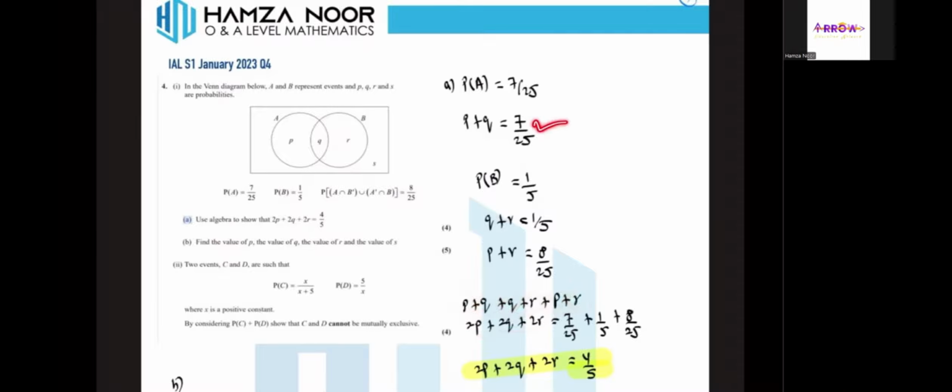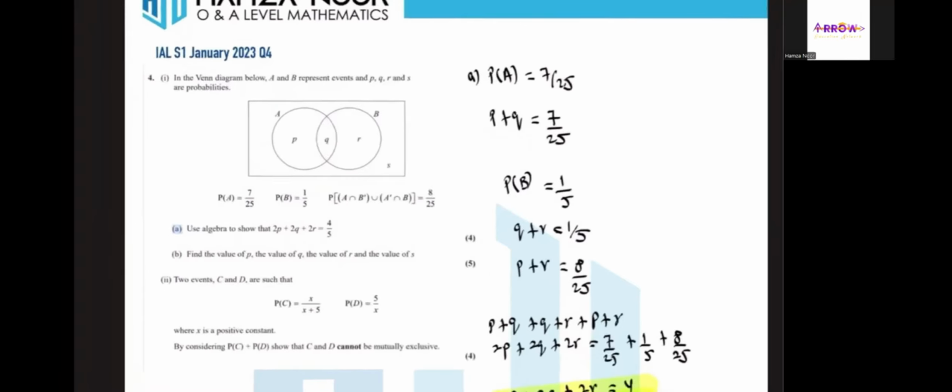So adding all these three values together, you will get your required answer in part A. Therefore, 2P plus 2Q plus 2R is equal to 4 over 5. As simple as that. You just need to think about it. Use the concepts which you have studied, and there you go. This was the requirement of part A.